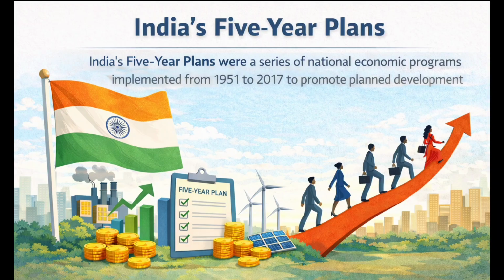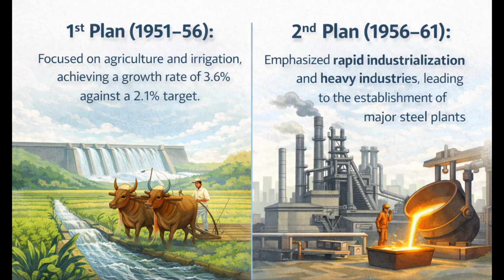to promote planned development. First plan, 1951 to 1956, focused on agriculture and irrigation, achieving a growth rate of 3.6% against a 2.1% target.